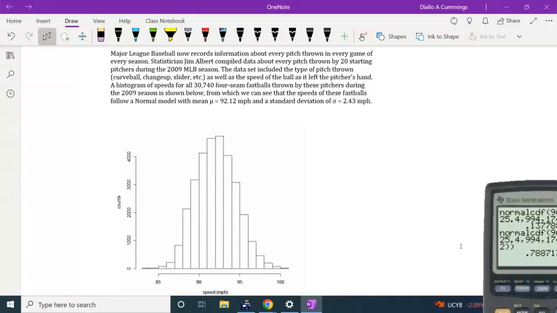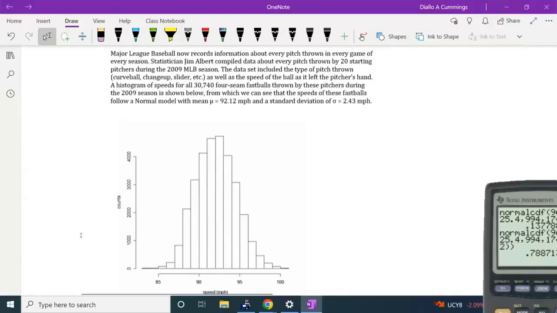The data set included the type of pitch that was thrown, as well as the speed of the ball as it left the pitcher's hand. A histogram of speeds for 30,744 four-seam fastballs thrown by these pitchers during the 2009 season is shown below.